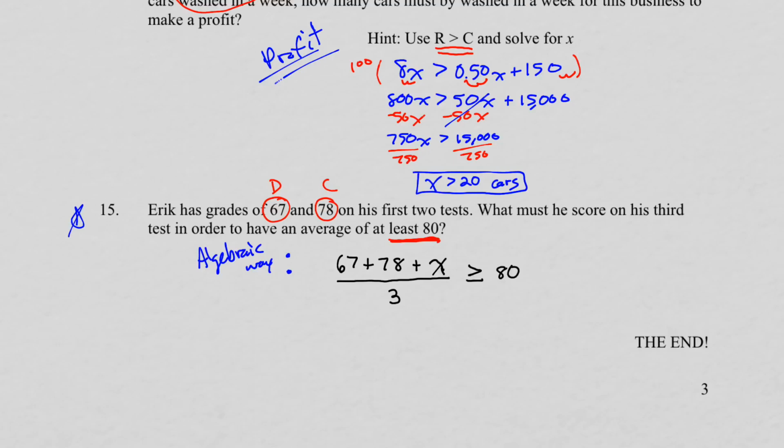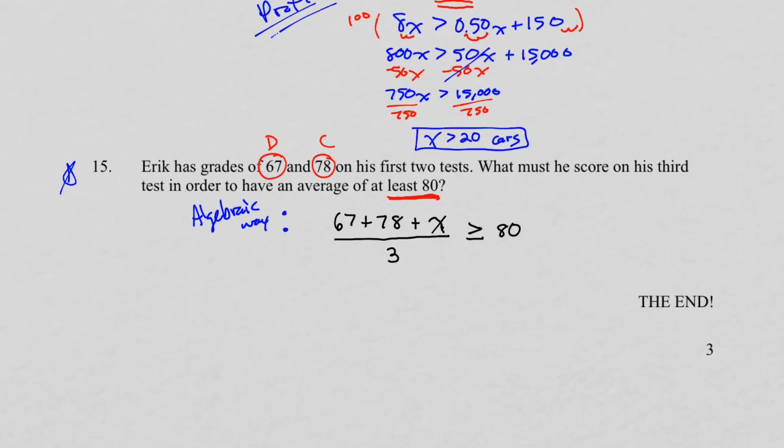So that's the basic setup. Now you can go ahead and add up, hey, how many points have I earned so far? So we get 145. That's how many points from those 2 tests.